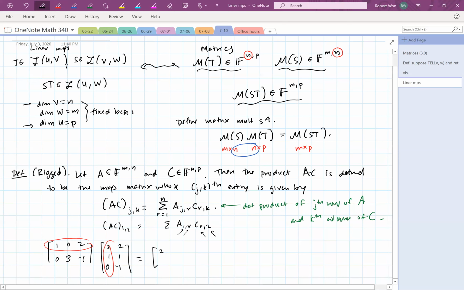Then you take the first row and dot it with the second column. You get 2 minus 2, that's 0. Second row, dot it with the first column, 3. Second row, dot it with the second column, I think 4. So this is just the matrix multiplication that you already know. And again, in order for this process to make sense, the number of columns of A needs to match the number of rows of C. There are 3 columns here, 3 rows here.